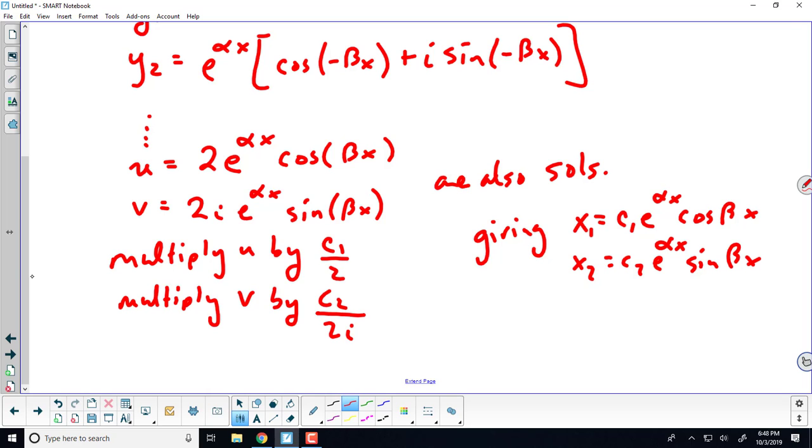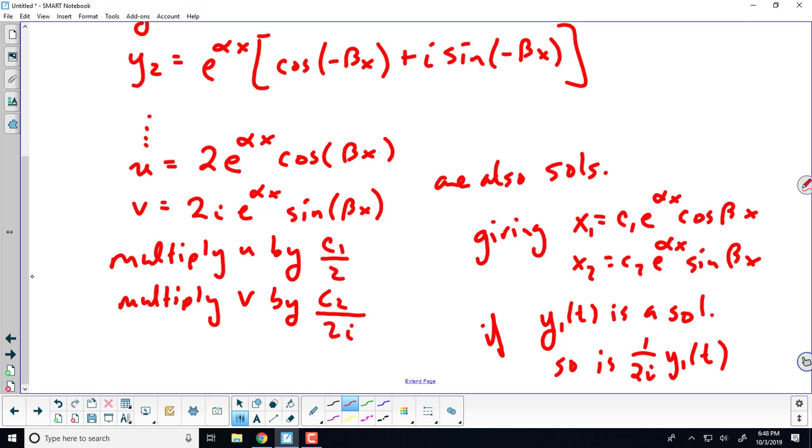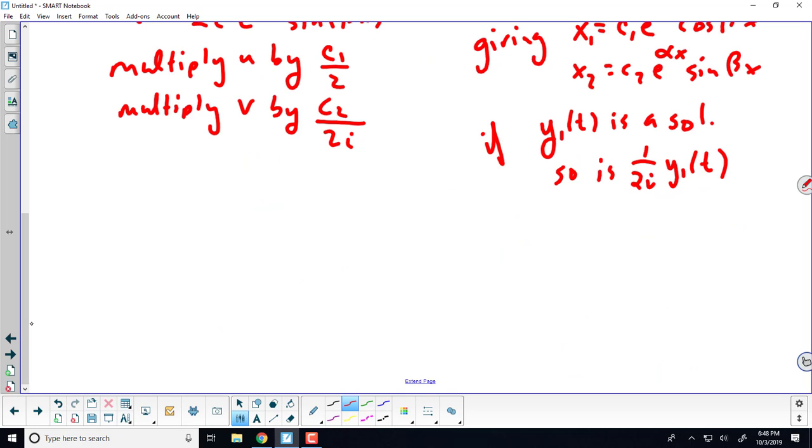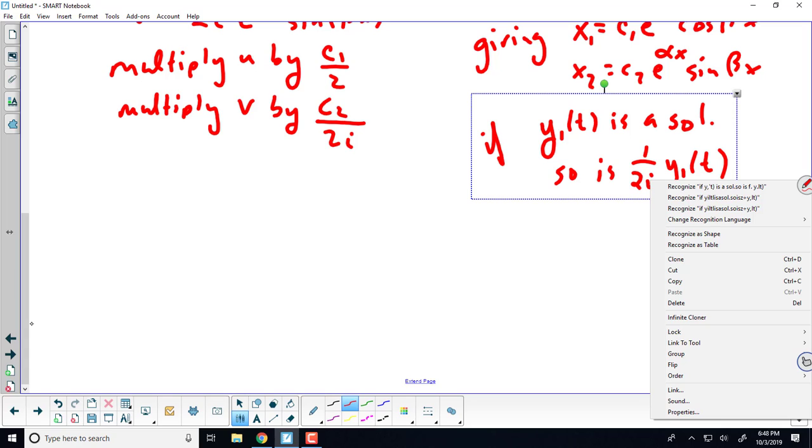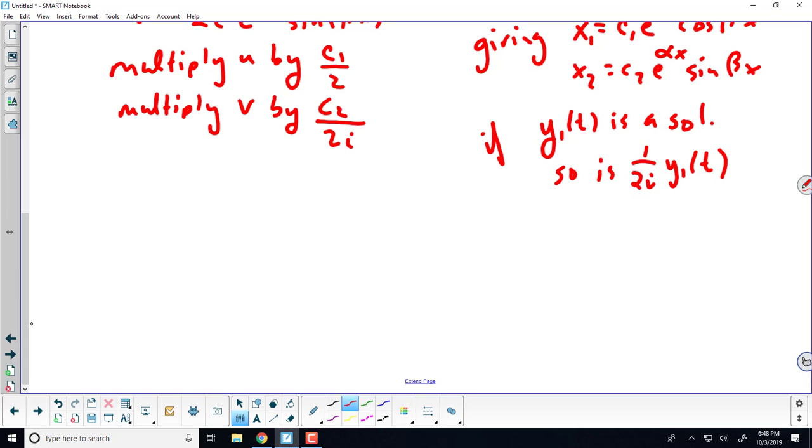Remember, if y1 of t is a solution, so is 1 over 2i times y1 of t. That's not entirely clear. We've said a scalar multiple is again a solution, but we could use a complex scalar.